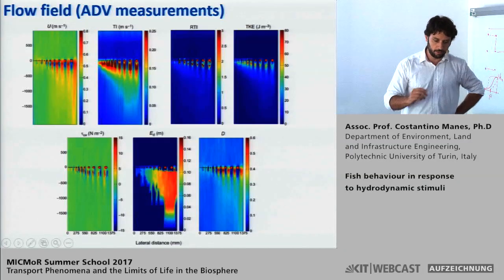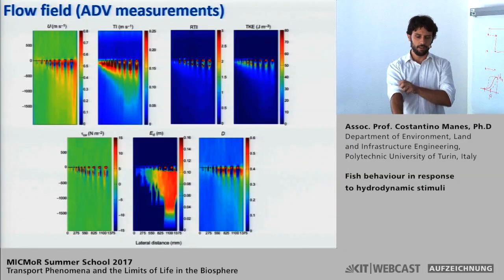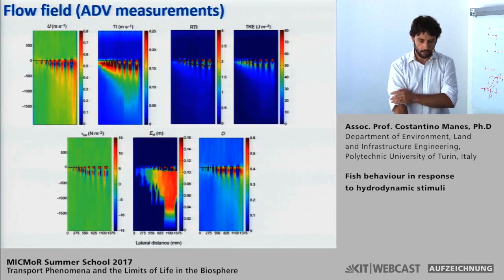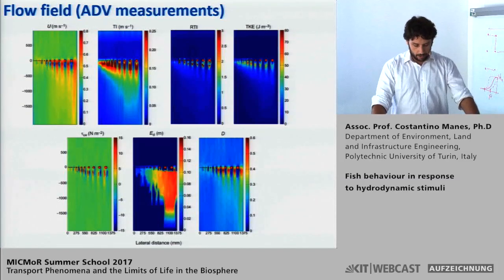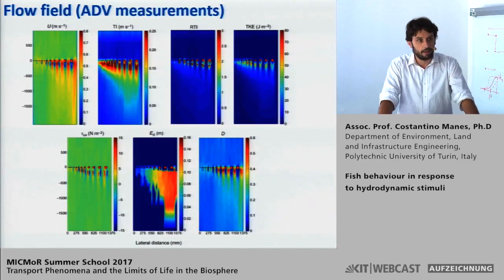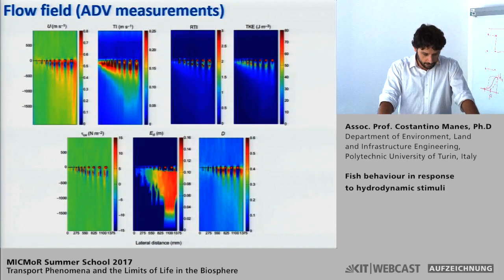We did careful measurements of the flow field with an ADV, which is not, let's say, particularly great for turbulence research, but it works fine for this type of study.